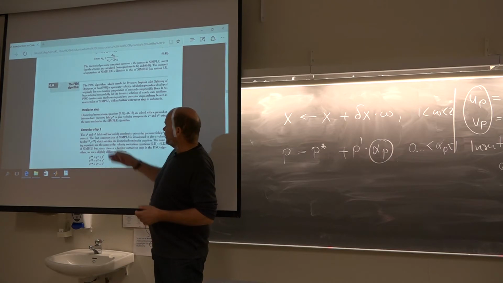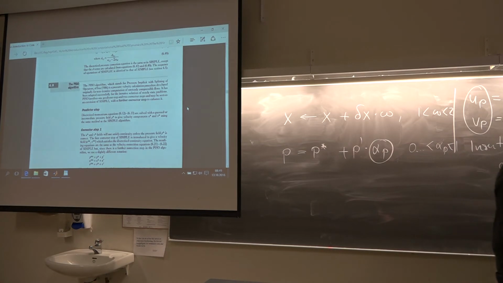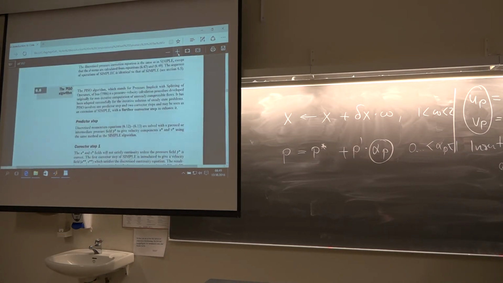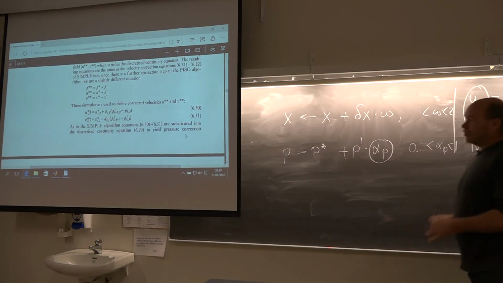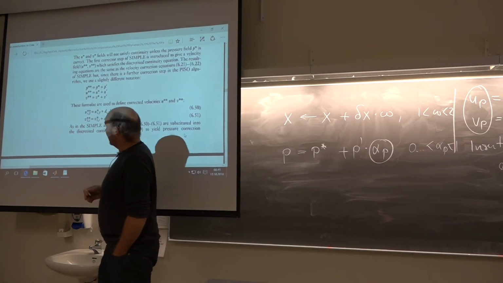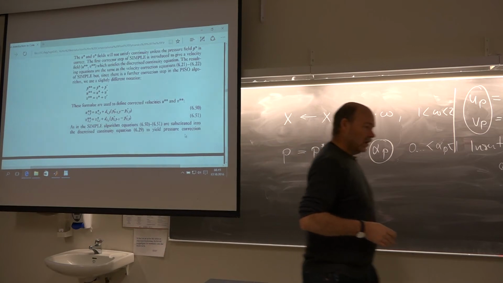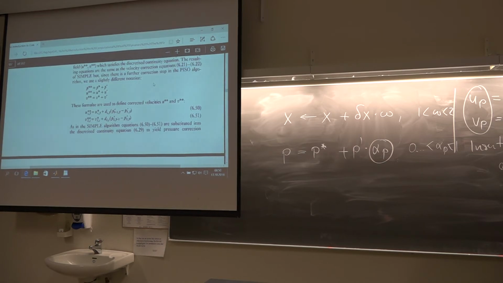So you have a predictor and corrector step as well. So then you will have some additional equation systems here. It's getting rather messy actually, double star, and the notation can be confusing. So just think of it as a little bit more advanced SIMPLE. PISO is absolutely also an algorithm that you will find in OpenFOAM.